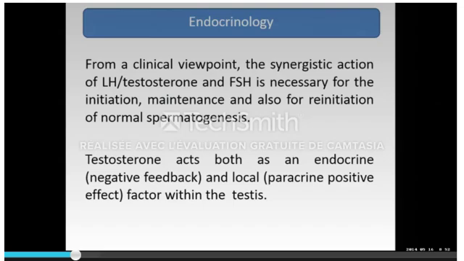Testosterone is of course very important, and we've talked about androgens, and testosterone acts both as an endocrine factor, we've talked about this negative feedback, this regulation, and as a local factor within the testis. So you have two stages of action for testosterone, one general endocrine way and one local and paracrine way to stimulate spermatogenesis. And this is of fundamental importance.